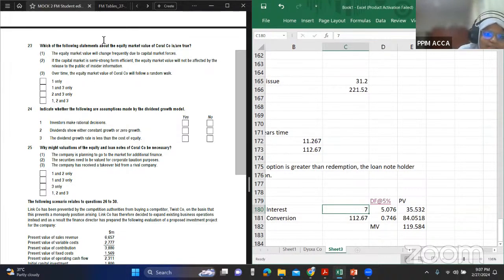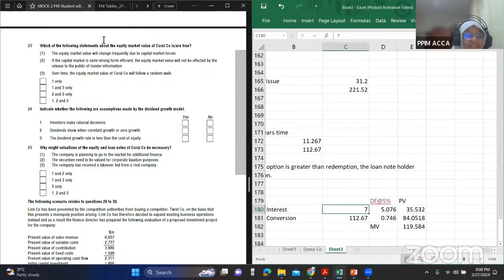Which of the following statements about the equity market value of Coral Company is true? The equity market value will change frequently due to capital market forces. That's true. Market values go up and down in the share market. If the capital market is semi-strong form efficient, the equity market value will not be affected by the release to the public of insider information.